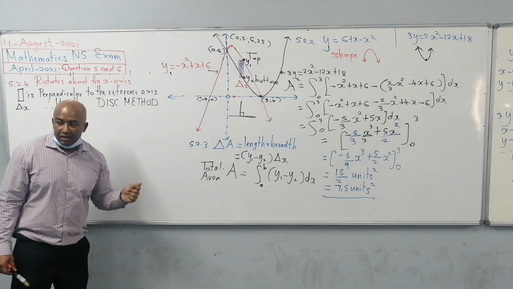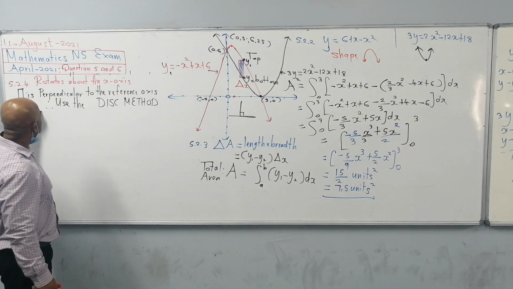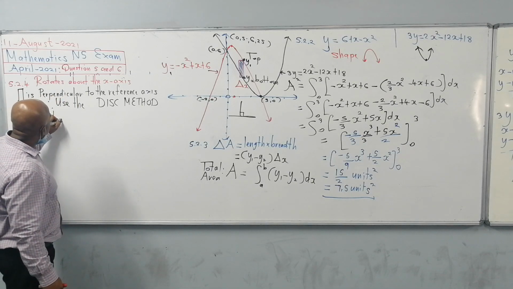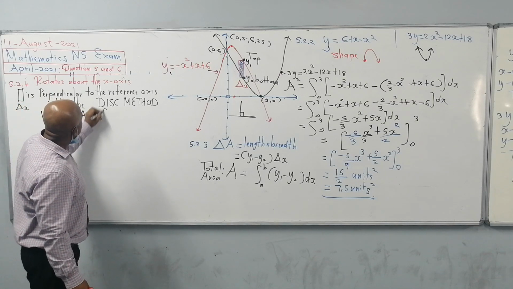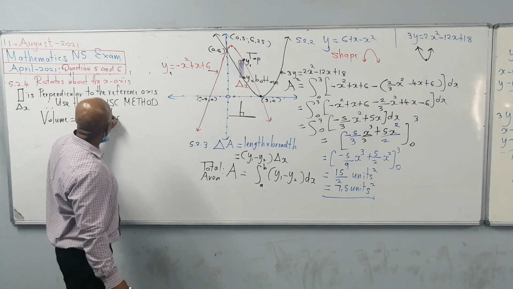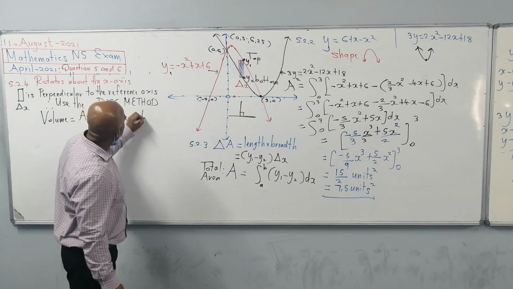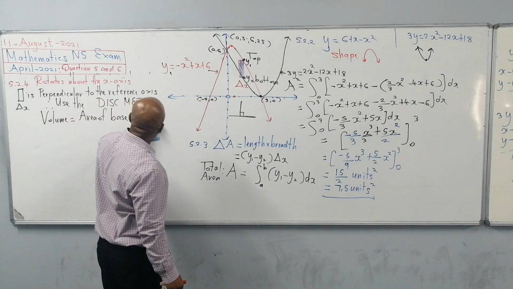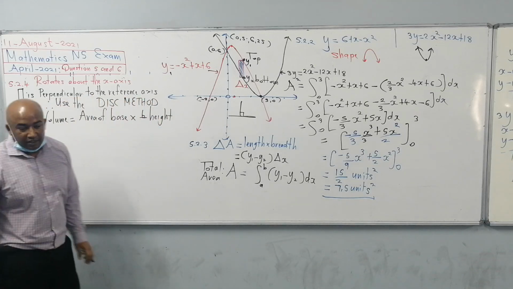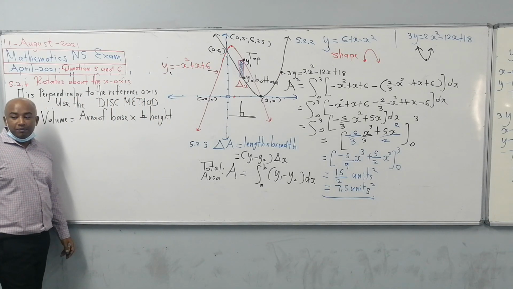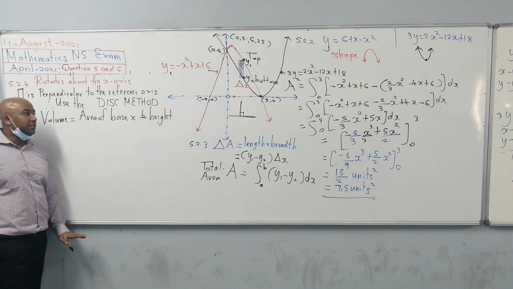What is the disk method? Right, so the disk method, volume is equal to area of base times the perpendicular height. That is the disk method. Area of base times perpendicular height. The shell method is something different.